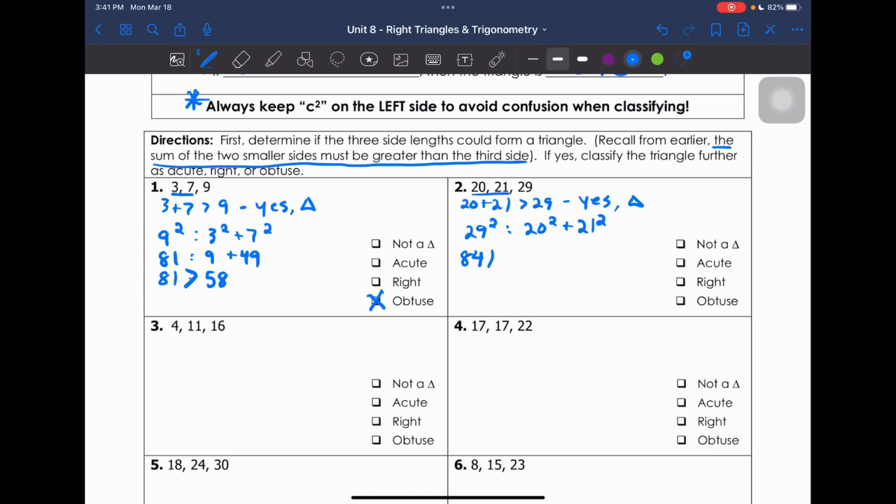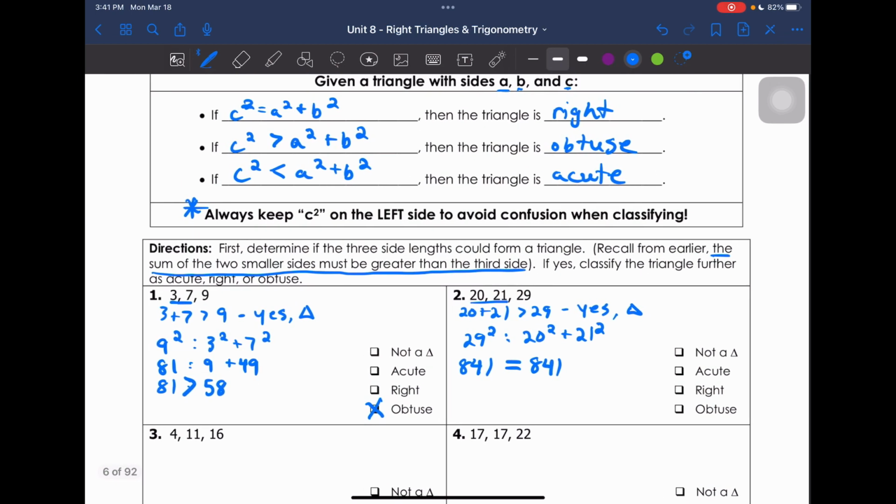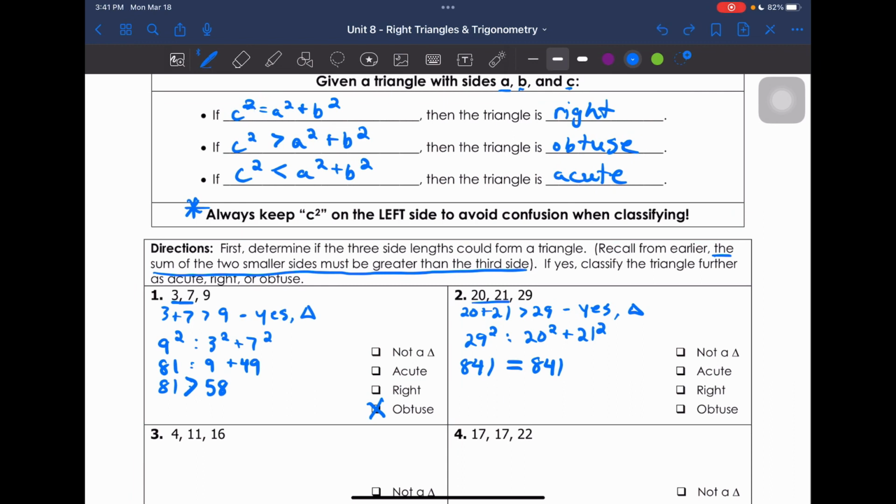And 20 squared plus 21 squared, we could do it like how we did over here, or we could just type all of this into our calculators and see what that is right away. If you do that, 20 squared plus 21 squared should give you 841. So these end up being equal, which means it's a right triangle. So I'm going to check that off here.